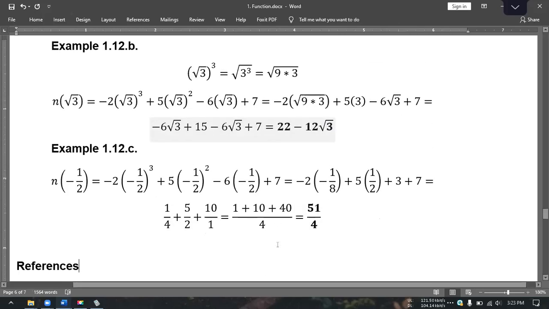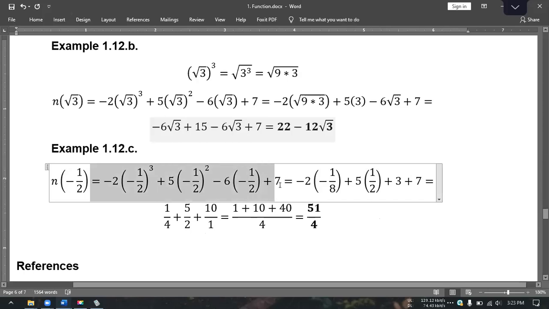Okay, last. We have to replace x by negative 1/2. So we have this line, replacing x by negative 1/2. This is our line.